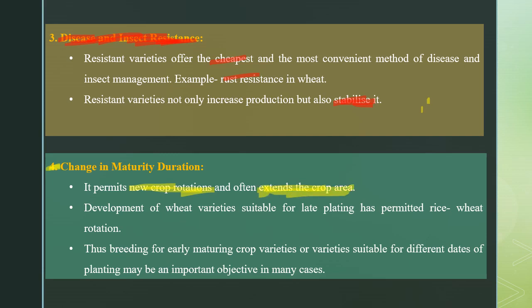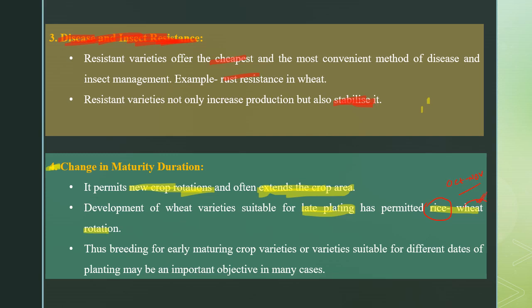That means it will give us the flexibility to plant more than three crops in our crop program. The development of a wheat variety suitable for late planting has permitted the rice-wheat rotation. Rice is grown in the monsoon season, and October-November is the season for wheat sowing.